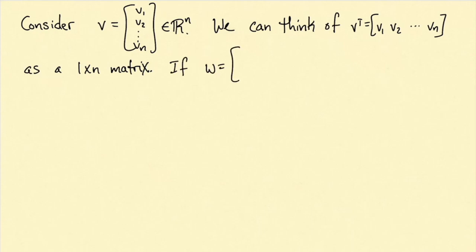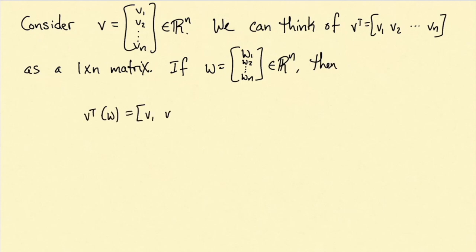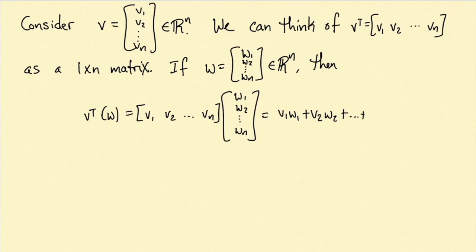So if we take any n-dimensional vector w, when we multiply v transpose by w, we'll get v1 w1 plus v2 w2 plus etc. plus vn wn, which we can recognize as the dot product v dot w.